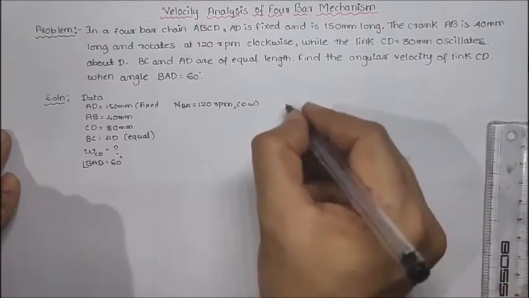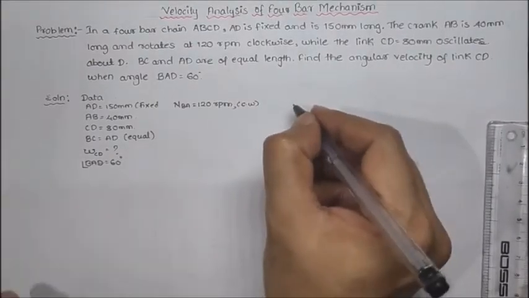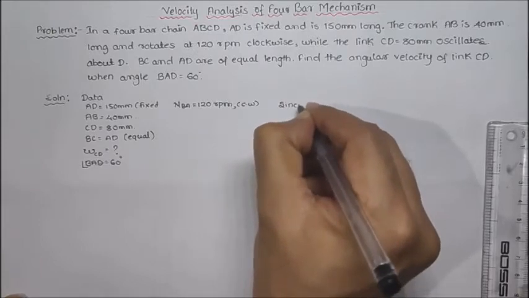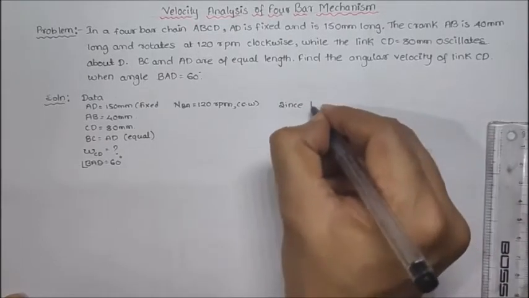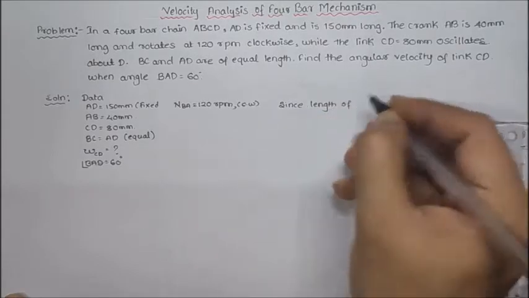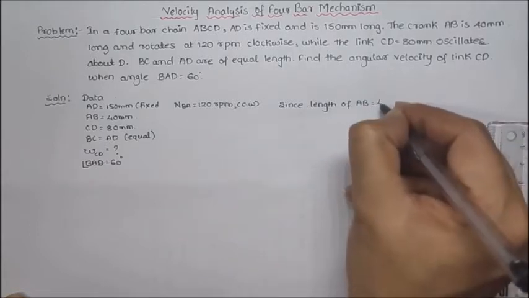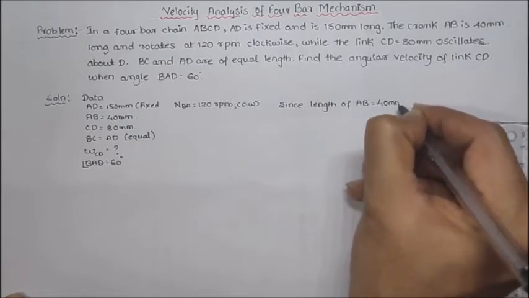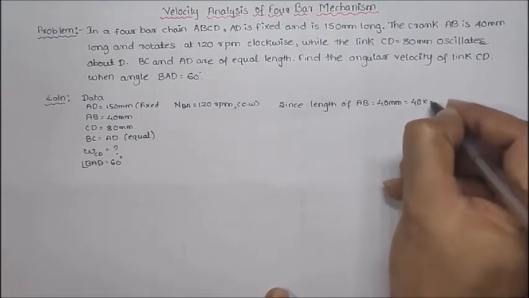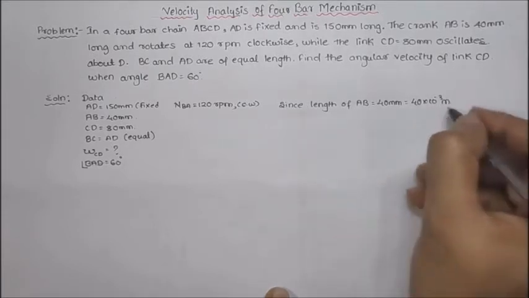Next, in this one, since length of AB equal to 40 mm, we need to convert this into meter, that is 40 into 10 to the power minus 3 meter.